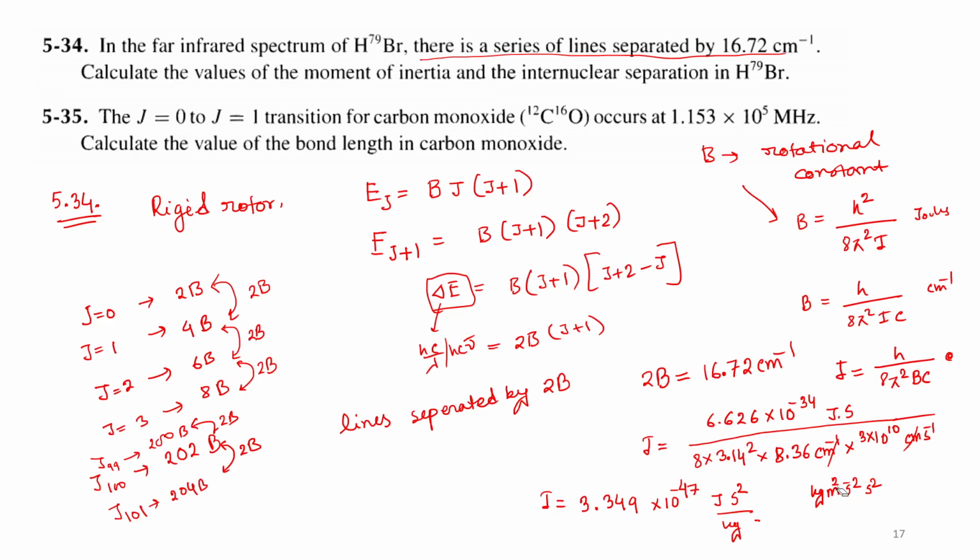So joule is Newton meter. So your I is mu r square, yes. So it's correct, kg meter square. Mu r square, mu is in kg and r can be written in terms of meter. So your I, your moment of inertia, is this.